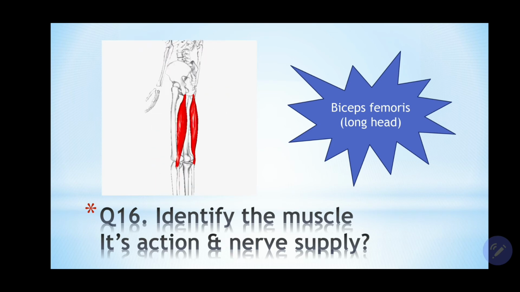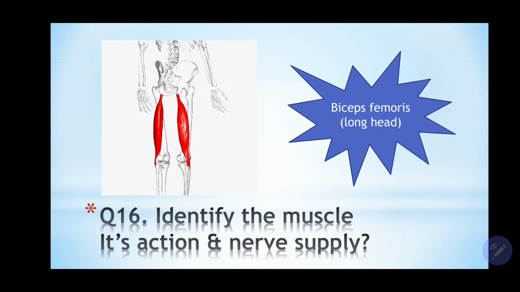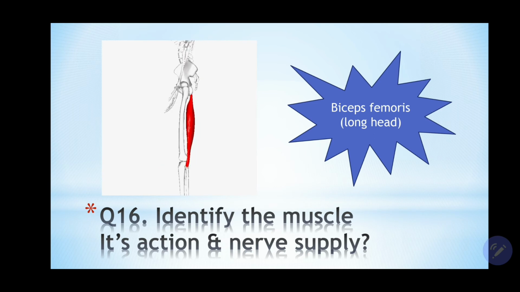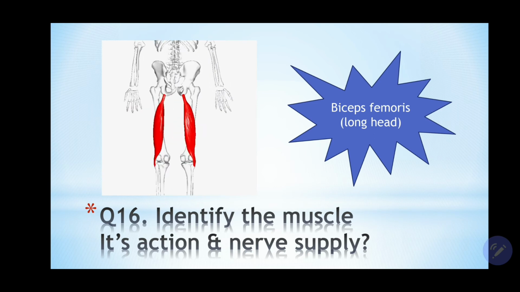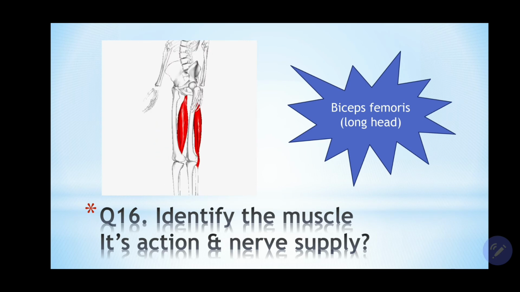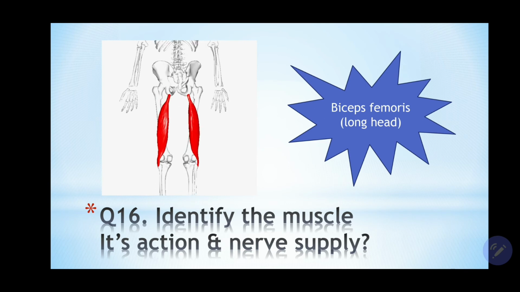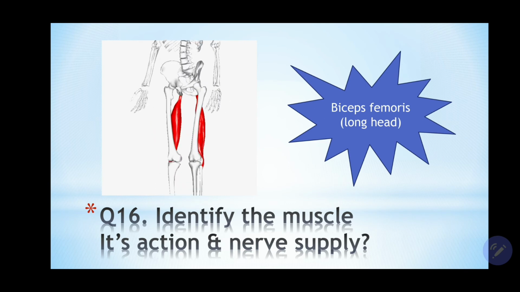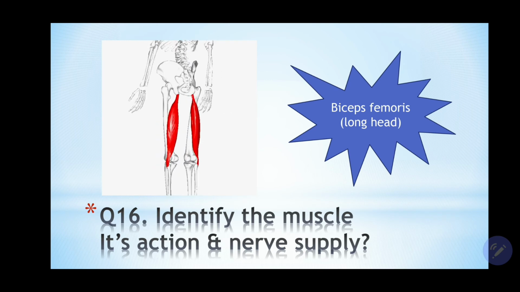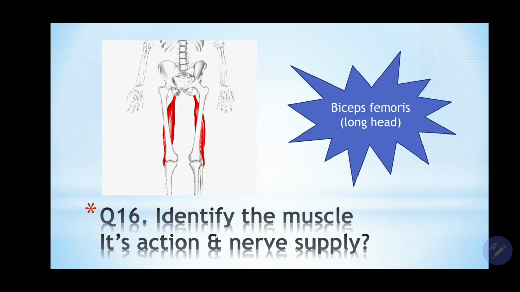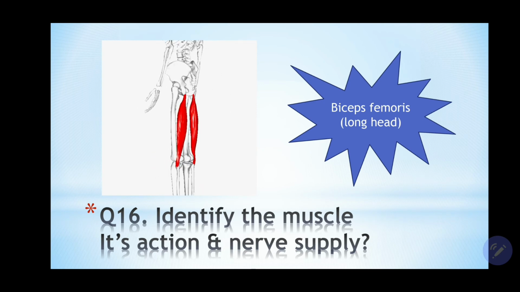So in the back of thigh you will be able to see sciatic nerve only if you reflect this muscle, because sciatic nerve is a midline structure in the back of thigh, and there's only this muscle which crosses obliquely, running downwards and laterally. So this is an obliquely placed muscle in the back of thigh which covers sciatic nerve from behind. If you reflect this muscle, then only you can see the sciatic nerve.